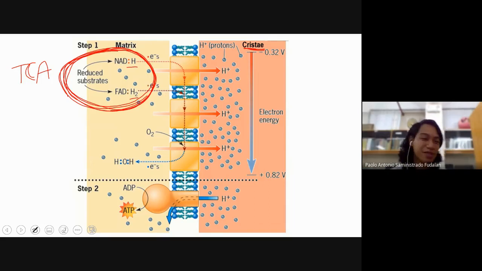But before we proceed, I have a very interesting question. Also for myself. Sir, you said NADH and FADH do carry electrons. But why is it that they have hydrogen instead of electrons? Can anyone answer?